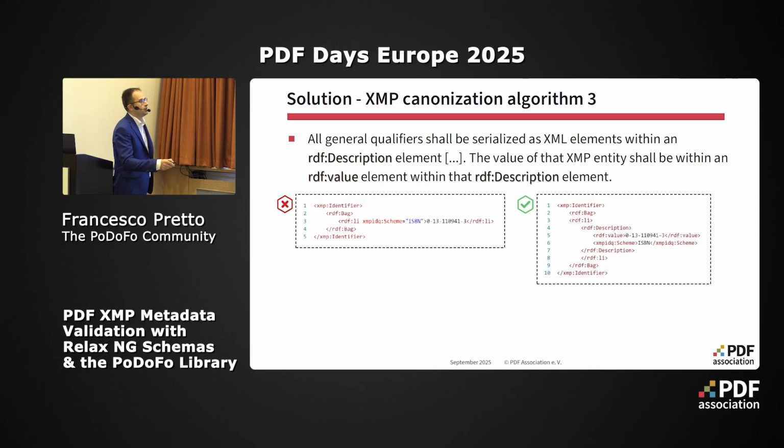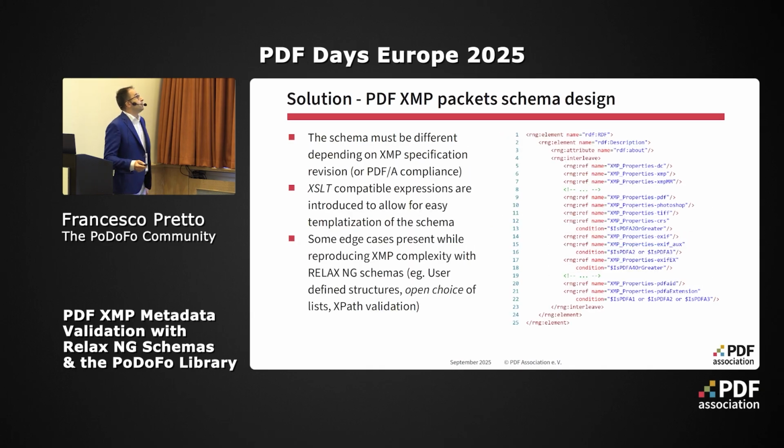We just wrap it in an RDF description. We put the value, and we write the qualifier as an element that is a child of this RDF description element. We are going quickly to the solution of the problem.